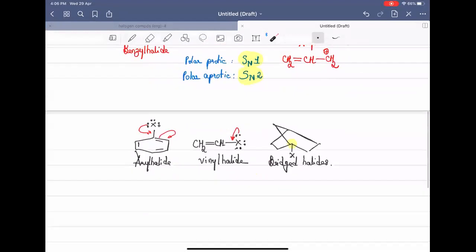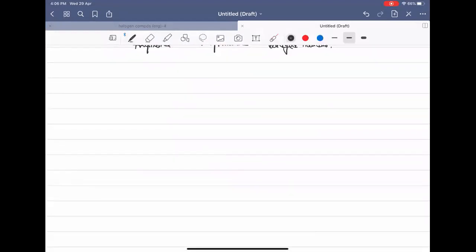One thing that I wanted to talk about is, I can draw a graph. This is the potential energy, and this is the reaction axis.